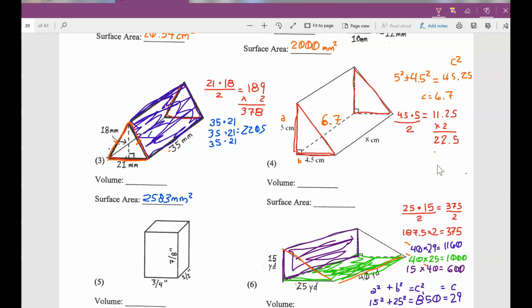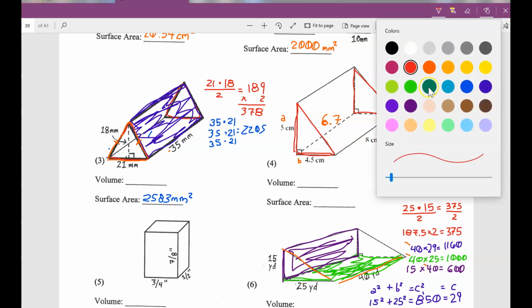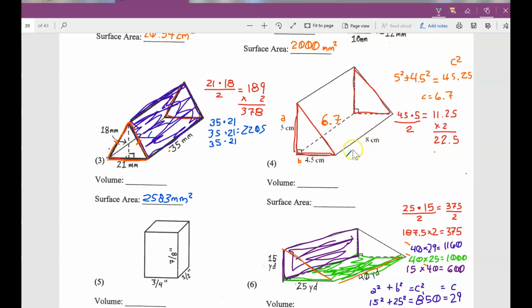Okay, and then this is the trick I want you to remember for triangular prisms. Multiply your front and back distance, which in this case is going to be 8, by each measurement of the front triangle.